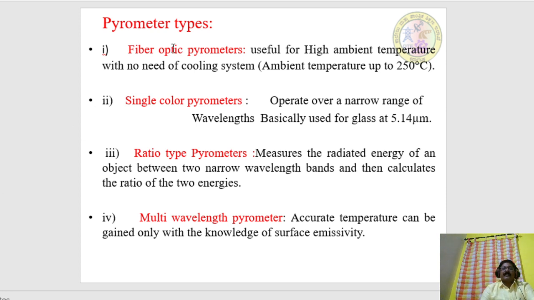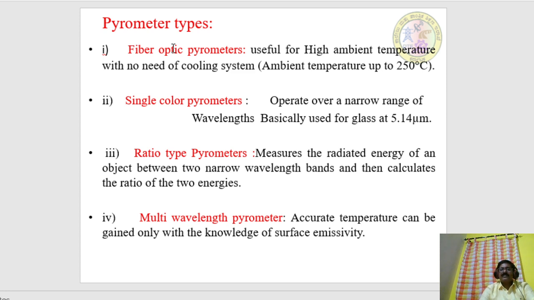Now, the classification of pyrometers. There are four different types of pyrometers available: fiber optic pyrometers, single color pyrometers, ratio type pyrometers, and multi-wavelength pyrometers. Fiber optic pyrometers are useful for high ambient temperature with no need of a cooling system at all, with ambient temperature up to 250 degrees centigrade.